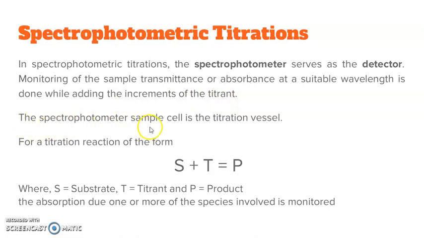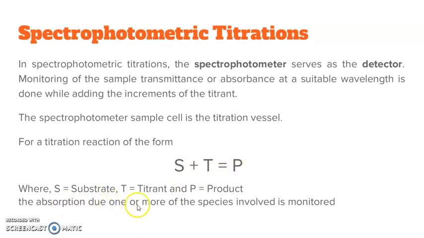The spectrophotometer sample cell is a titration vessel. In the regular titration, we take a conical flask as the titration vessel, but here in the modified spectrophotometric titration method, the sample cell is the titration vessel. And for any titration reaction of the form S plus T equals product, where S is the substrate and T is the titrant, after the titrant is added to the substrate, it forms a product.